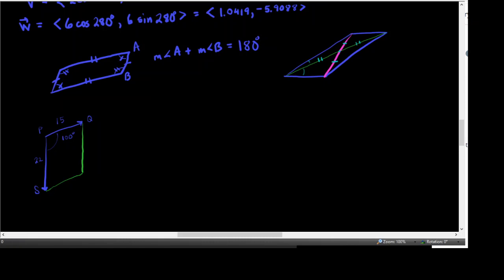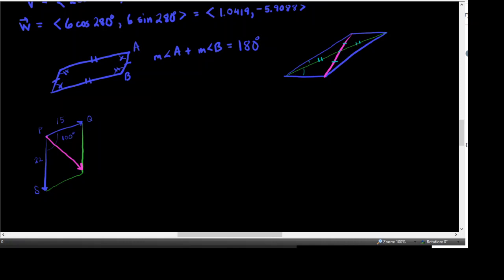And the resultant will go from the common initial point to the opposite angle, so along the diagonal. That's the resultant there in pink.